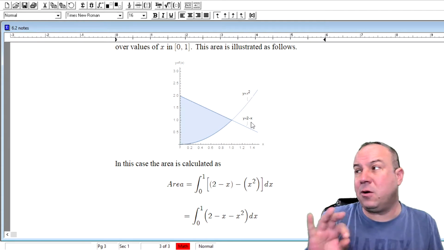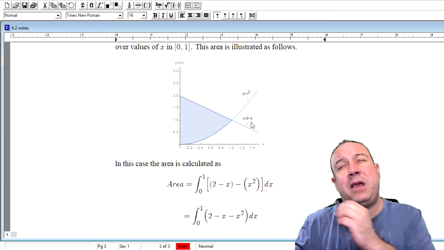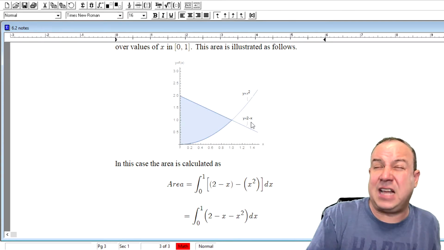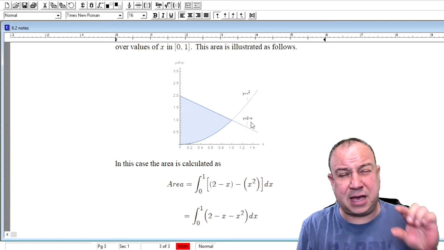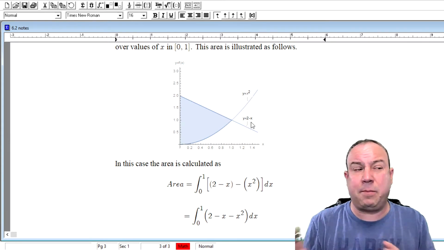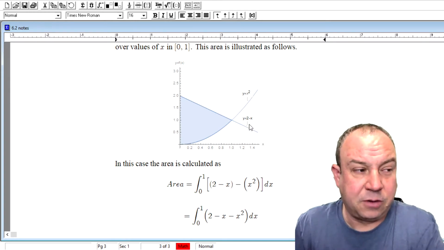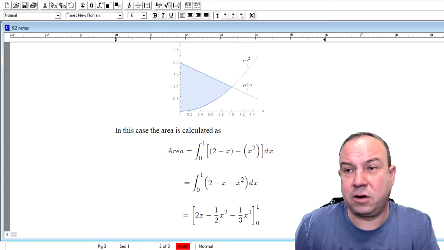Depending on that orientation, we can sometimes set up a more complex calculation, or we could even make our lives a lot simpler and set up a really simple calculation, just depending upon the graphical nature of the illustration for that area between two curves.